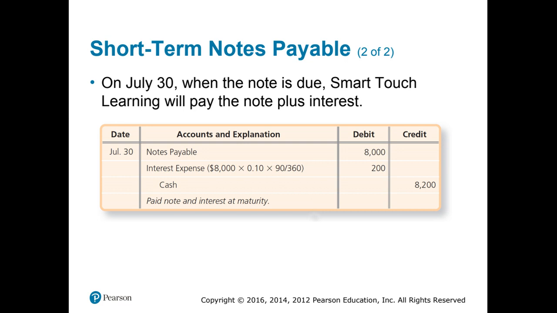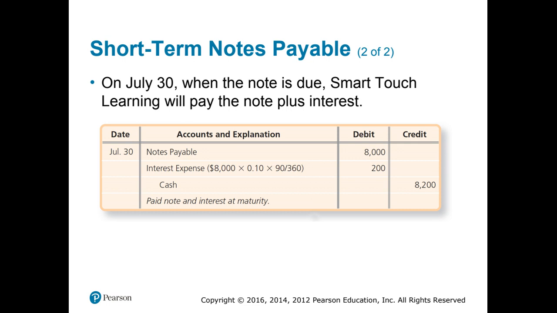But slide 14. So on July 30th, when the note is due, we're going to have to pay back the note and the interest. So we're going to debit our note payable for the amount of the note, which was $8,000, because that's all we owe on the note. However, they were charging interest. So we also have to pay the interest on the note as well.